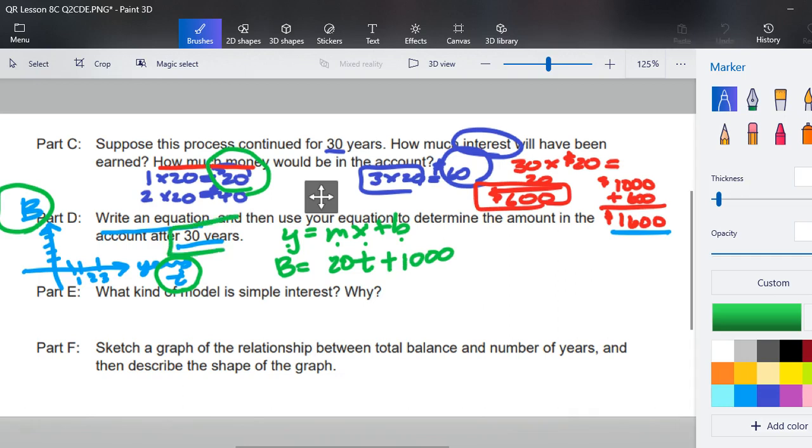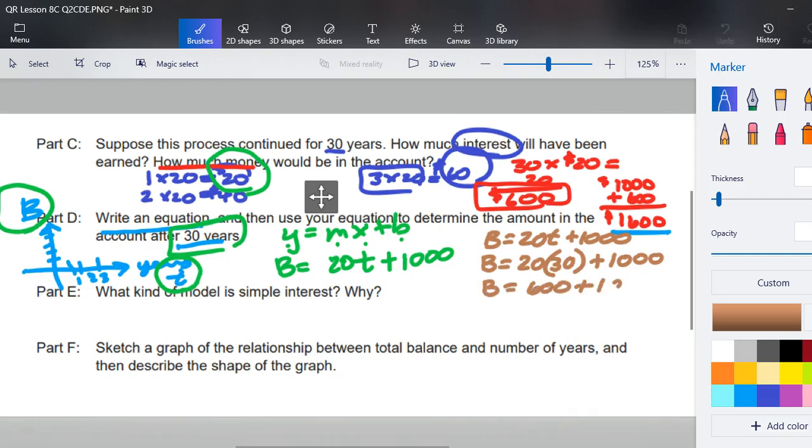But it also says use the equation to calculate what's going on at the end of those 30 years. So my B equals 20T plus 1,000. So what's the balance going to be that's going up $20 a year for 30 years and then add it back to the initial investment? There's that 600. Here's that 1,000.